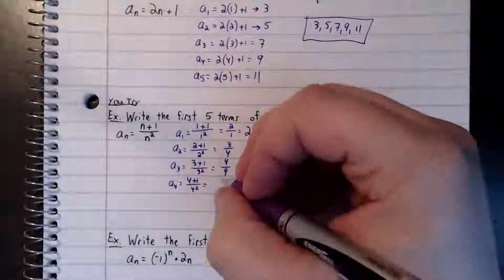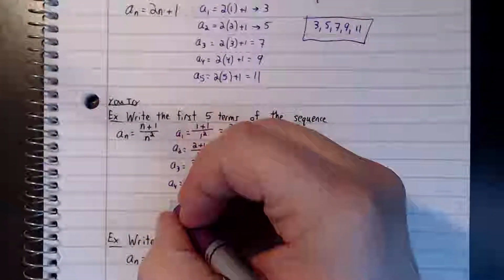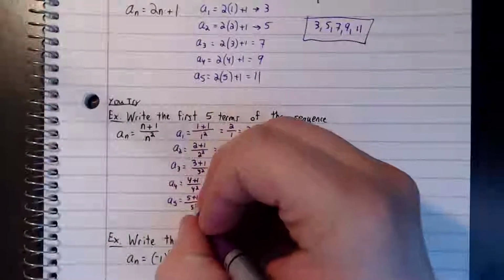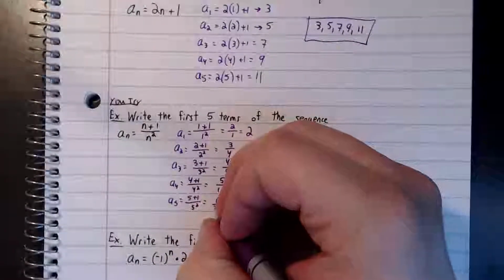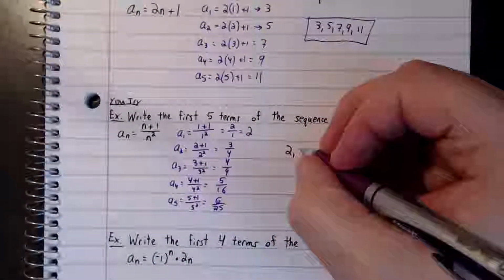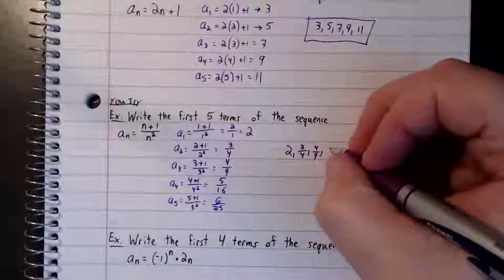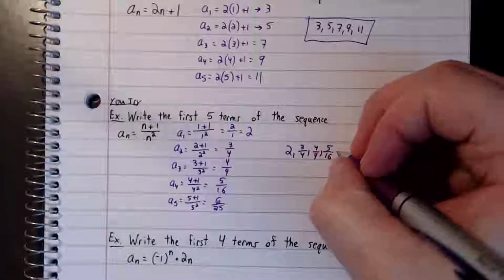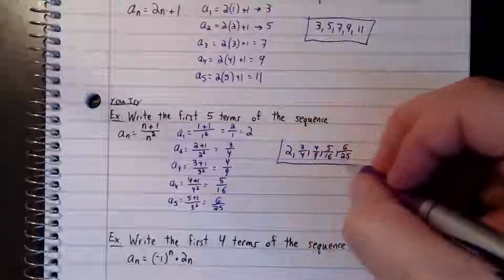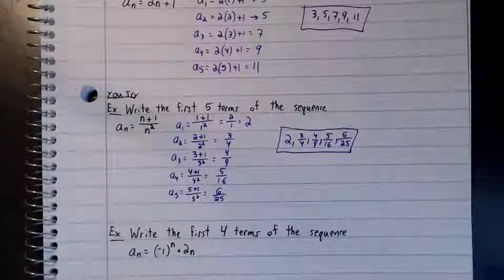This next one is going to be 5 over 16. And last, we get 6 over 25. So our final answer here: 2, 3/4, 4/9, 5/16, and 6/25. Okay, those are our solutions.